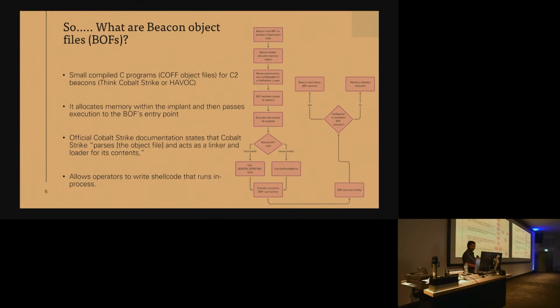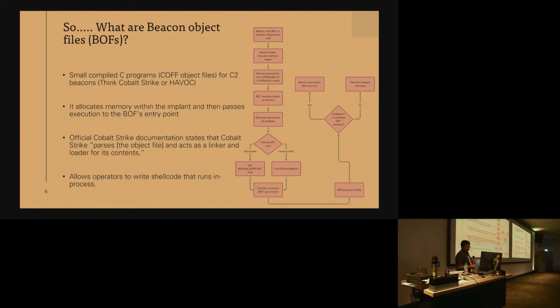You can see that they run the BOF as position independent code, which can be called shellcode. Then they allocate a memory region and change the memory protection from RWX to RX. Then beacon object file sections are copied to memory, and they are relocated and resolved.